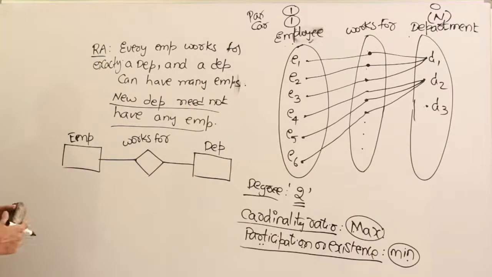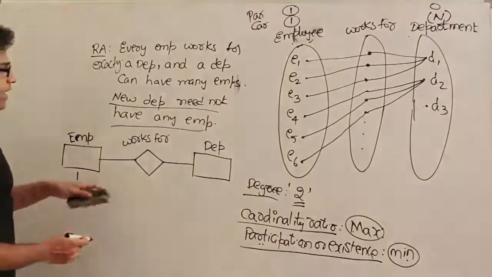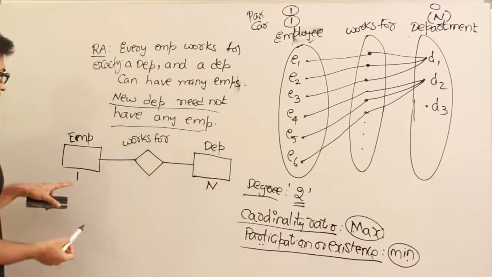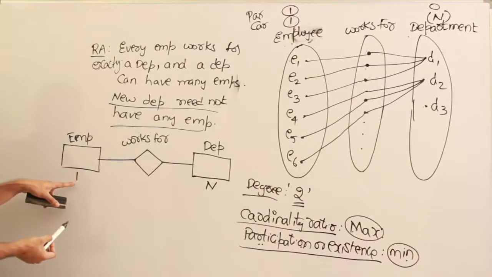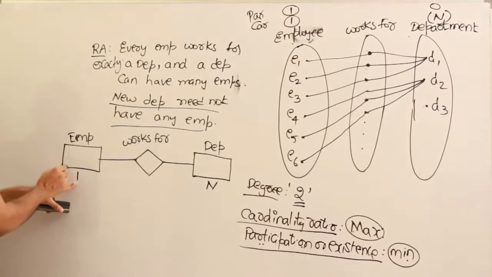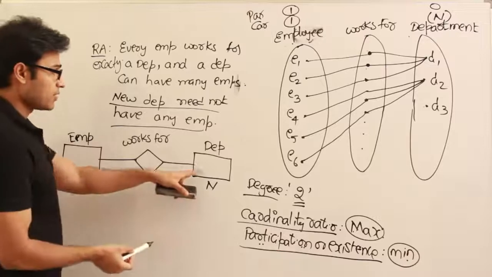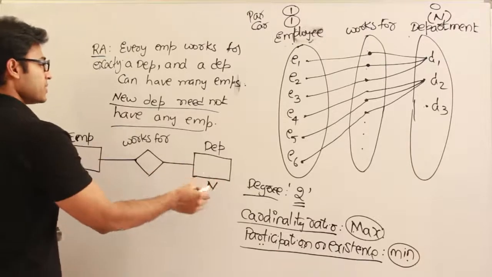We know that the cardinality of employee is 1, which means the maximum number of relationships in which an entity of employee participates is 1, and the maximum number of relationships in which a department can participate is n.